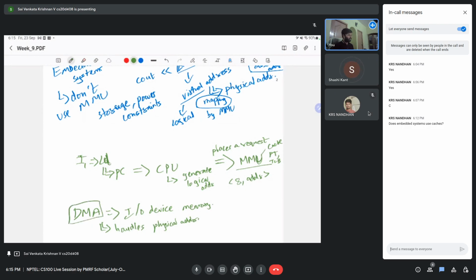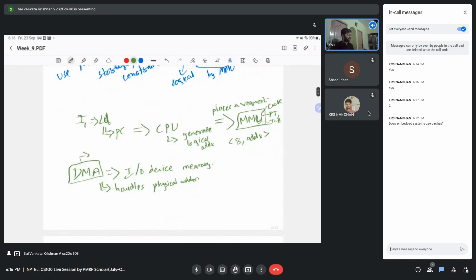The MMU is with respect to the CPU. The CPU places the request and all those things. The memory management unit will have access to the cache, page table, and TLB. To answer your question better, the cache will have a cache controller, so every component will have its own controller.